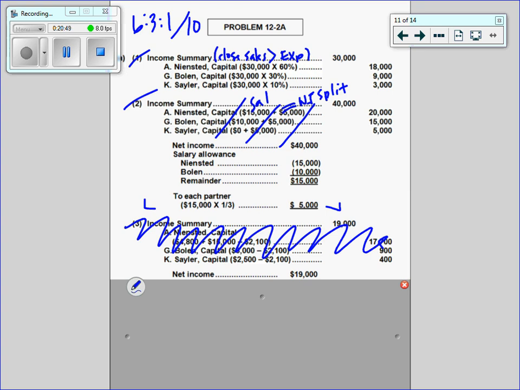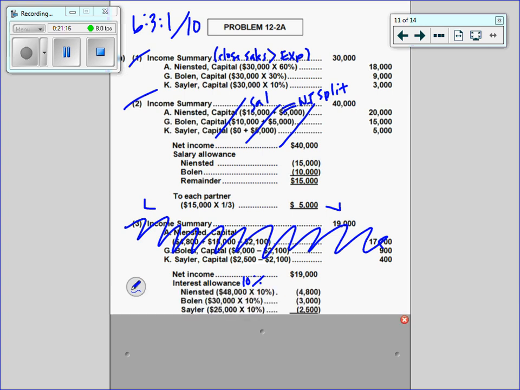We have two things chopping up that net income. First, each partner is given 10% of whatever they bring in for their capital balance. Second, we've got one partner getting paid. This time we have a 10% interest allowance. It's kind of like an incentive to keep your capital balance in healthy standing.